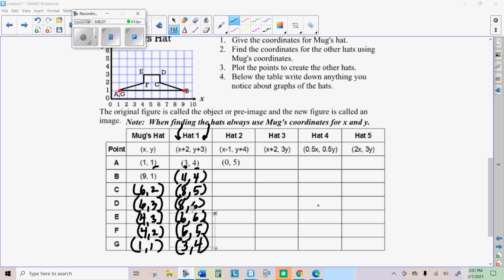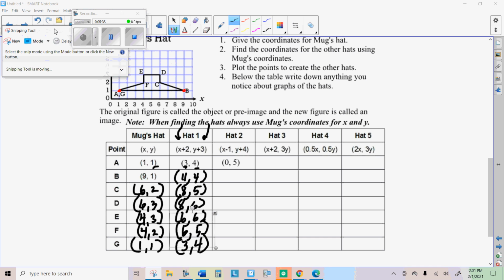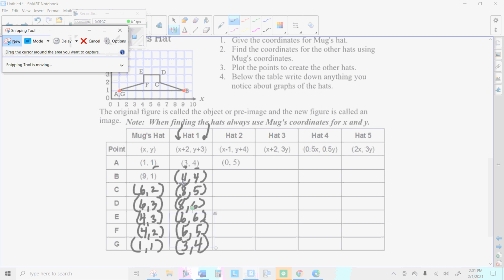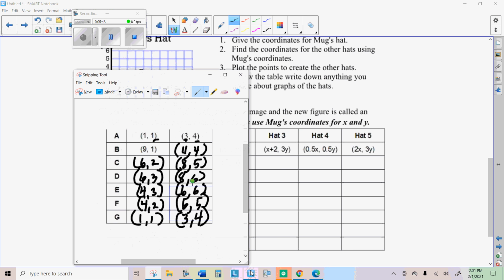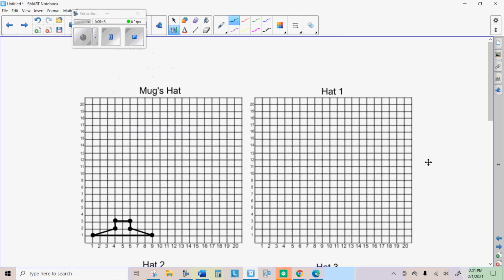Now that we have those, what we're going to do is we're going to graph those points on your graph. So I'm going to actually make a snip of these points and then move it to the next page and paste that so I can go along with you here.